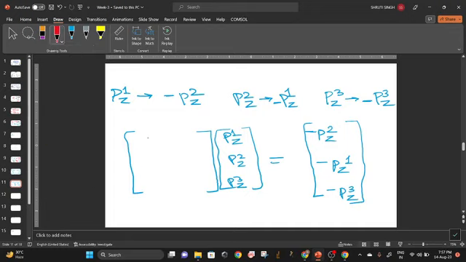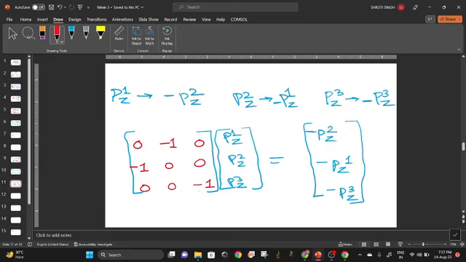What will be the first row? It is 0, minus 1, 0. Because 1 is getting transformed into 2, so the second column will be 1, and now it is getting transformed with lobe sign change, so we have written it as minus 1. Now similarly pz2 is getting transformed to pz1, so this will be minus 1, 0, 0, and this will be 0, 0, minus 1 itself, because it is not changing its position.